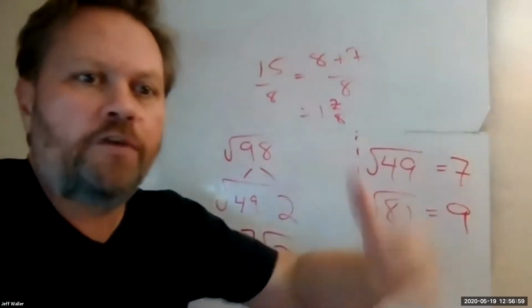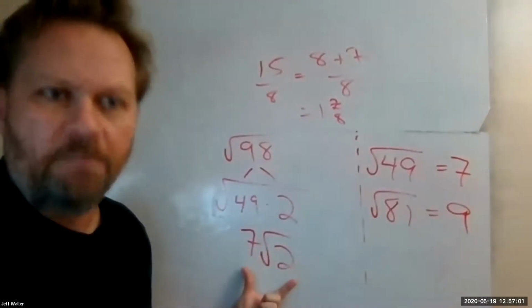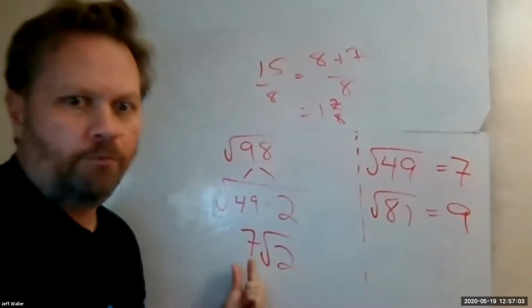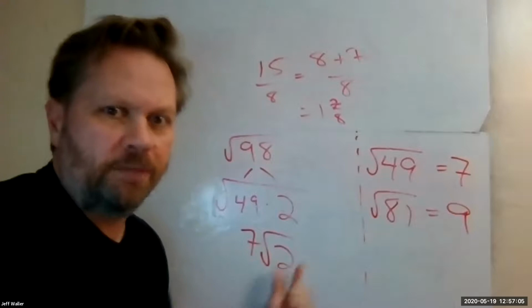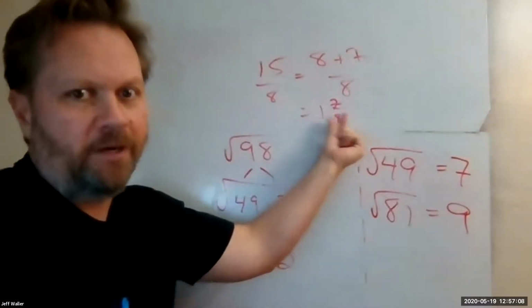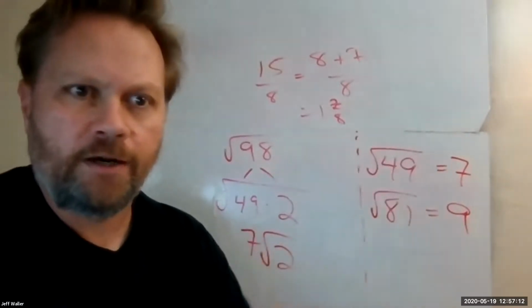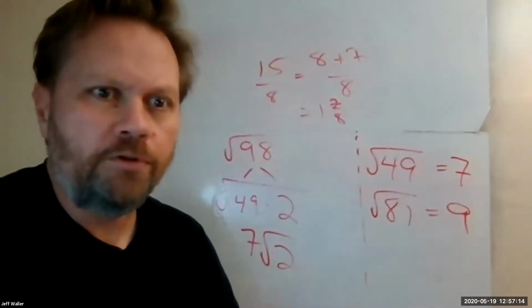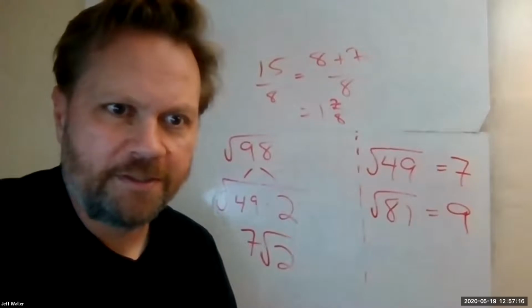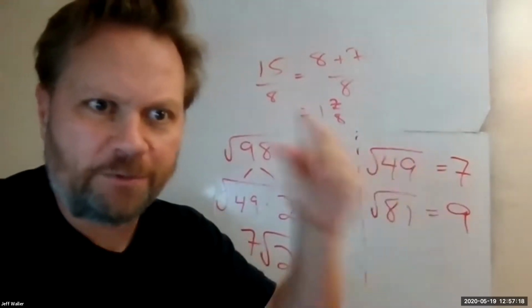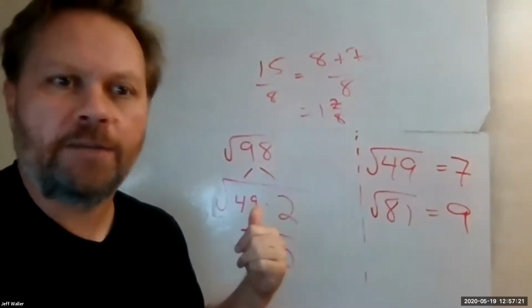It's the leftover. That's why this is kind of like a mixed number. A rational number and an irrational number, whereas this is a whole number and a fraction. I mean, there's beautiful analogies there. So the more you know your squares, 3 squared, 4 squared, 5 squared, 6 squared, 7 squared, 8 squared, the easier these kind of problems will be.